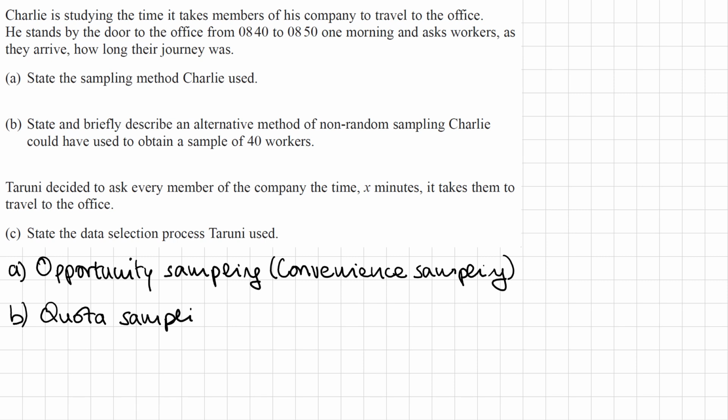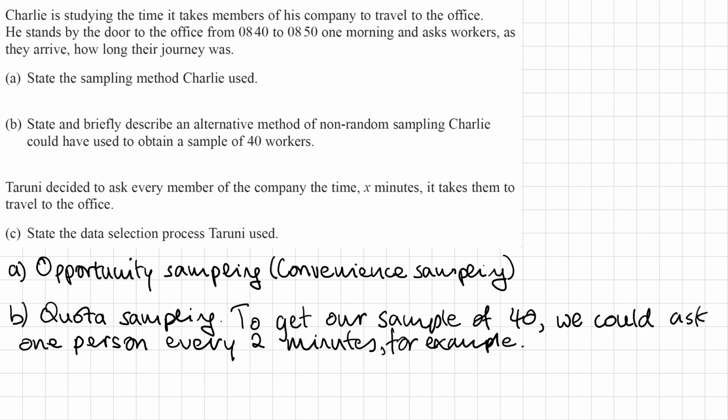This is the only other option for our answer for part B. To get our sample of 40, this is just an example, we could ask one person every 2 minutes, so over 80 minutes, so at 1 hour 20 minutes, he would have got his sample of 40 workers.